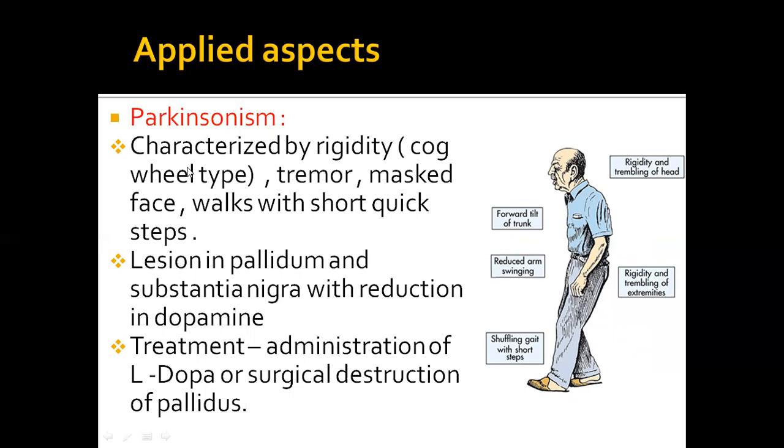So Parkinsonism is characterized by cogwheel type of rigidity, tremors, nothing but shivering, masked face, that means no facial expressions, and walking with short quick steps. There are lesions in the globus pallidus and substantia nigra with reduction in dopamine. Treatment is administration of the drug levodopa or surgical destruction of the pallidus.